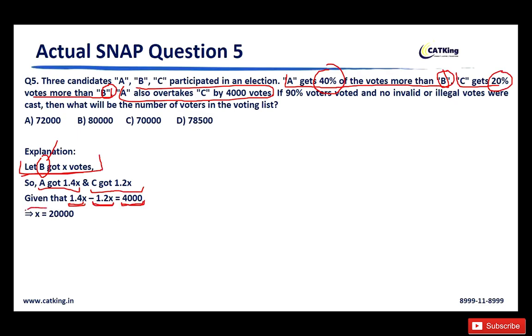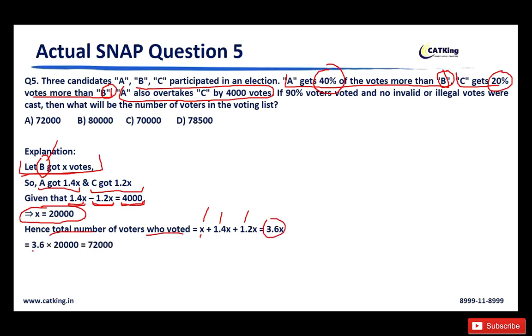Now calculating the value of X, I get 20,000. Hence the total number of votes were X for B, 1.4x for A, 1.2x for C, that is 3.6x. Therefore the total number of votes cast will be 3.6x.